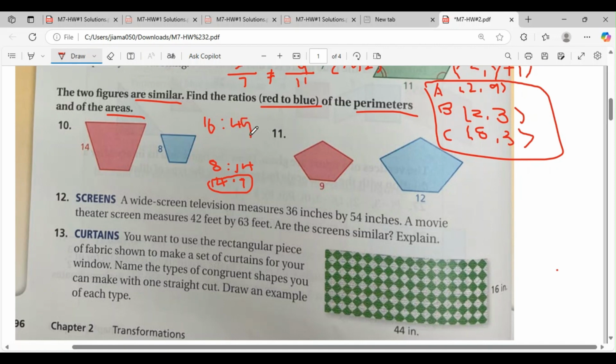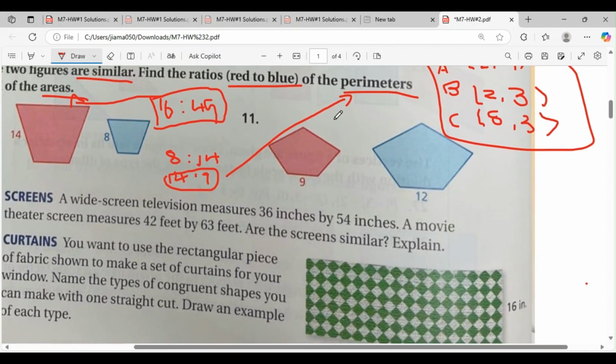So the area ratio is 16:49. This is for the perimeters, and this one for the areas.